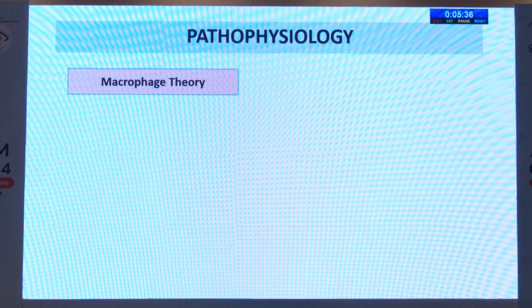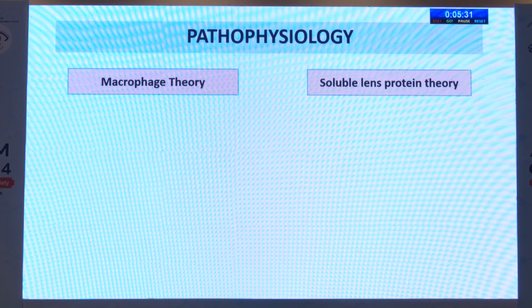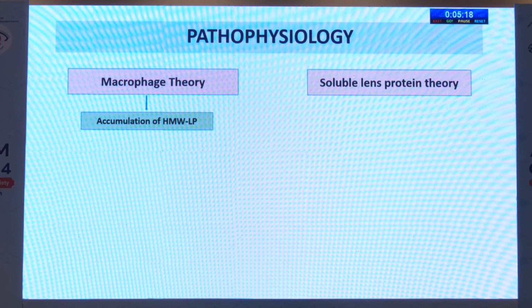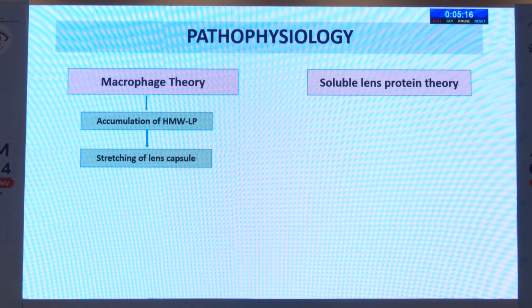Pathophysiology: basically there are two theories, the macrophage theory and the soluble lens protein theory. Macrophages get accumulated. Why? Because high molecular weight lens proteins are collected as the age grows. These proteins get accumulated in the lens cortex, and because of the accumulation, stretching of the lens capsule occurs, and there are micro defects in the lens capsule.